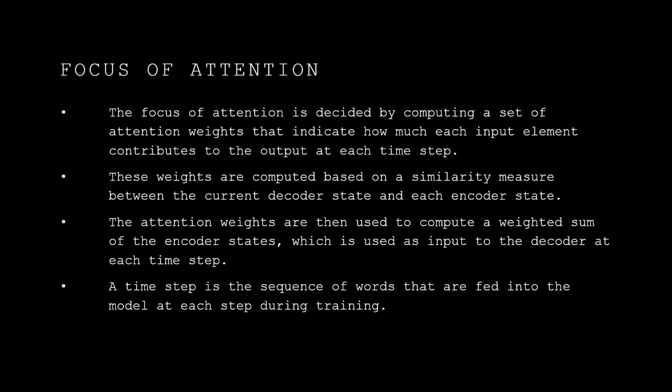These weights are computed based on a similarity measure between the current decoder state and each encoder state. The attention weights are then used to compute a weighted sum of the encoder states, which is used as input to the decoder at each time step. A time step is the sequence of words that are fed into the model at each step during training.